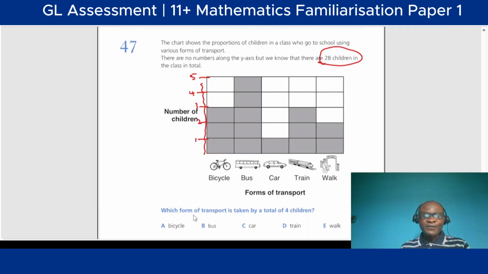Which form of transport is taken by a total of 4 children? 4 children, okay. So now, since there are 28 of them, let's add them. This place, I have 1 person. This place is 1 person. Here is 3. Here is 5.